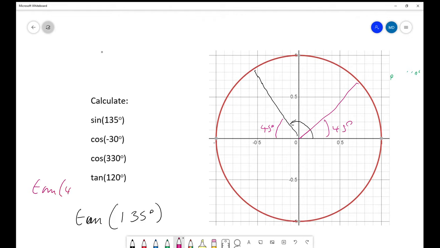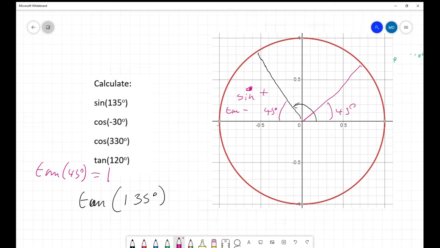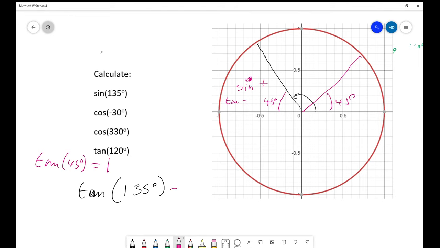Tan of 45 degrees is equal to 1. In this quadrant, sine is positive, and therefore tan is negative. And that tells me that tan of 135 degrees is the same as tan of 45, but because tan is negative in the quadrant we're dealing with, it's negative 1. And that's all there is to it.